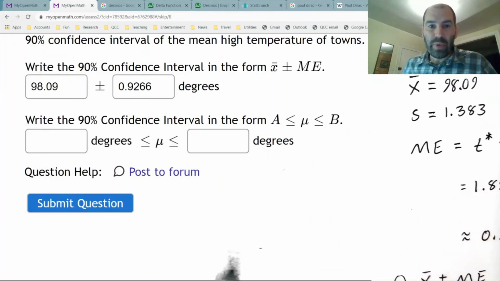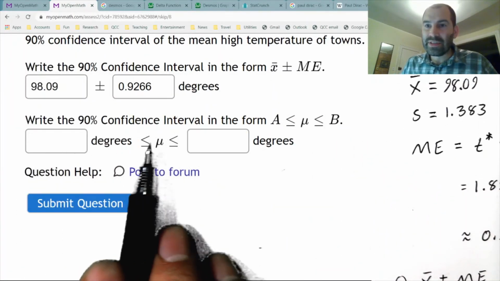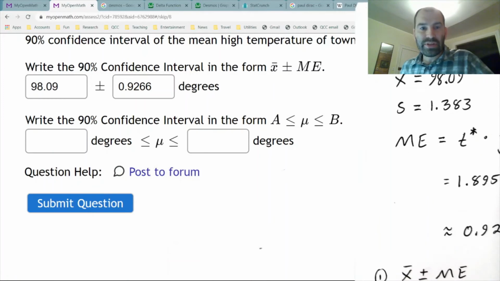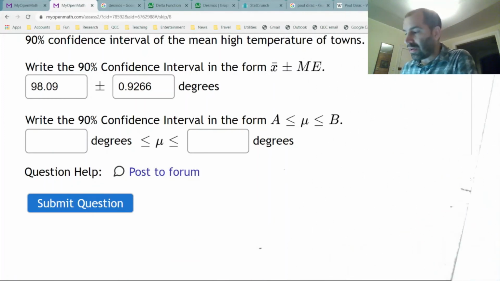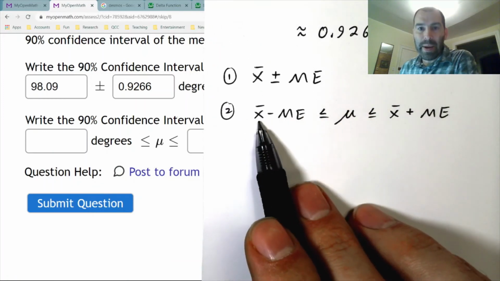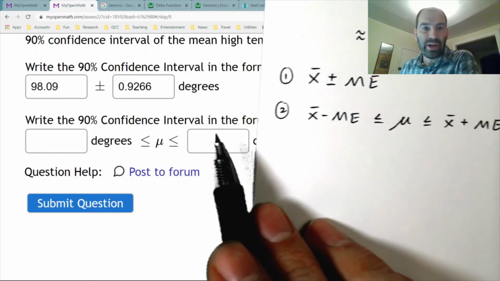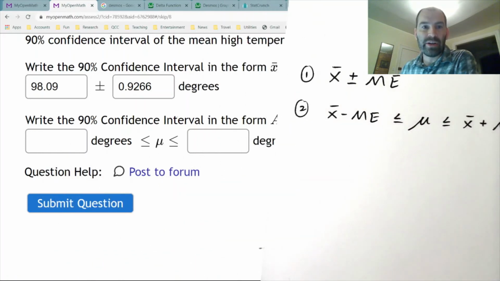Now, the other way to write it, right? This is the second way to write it. Well, how do I compute these bounds on the left and the right? I'm going to compute the x bar minus the margin of error. That's going to go here. And x bar plus the margin of error is going to go here.